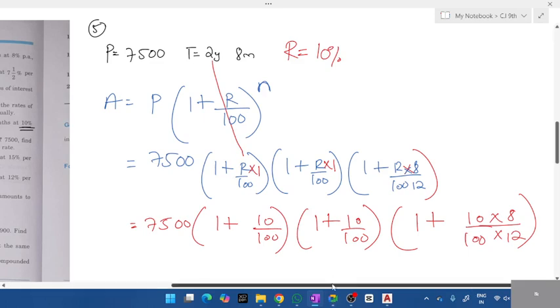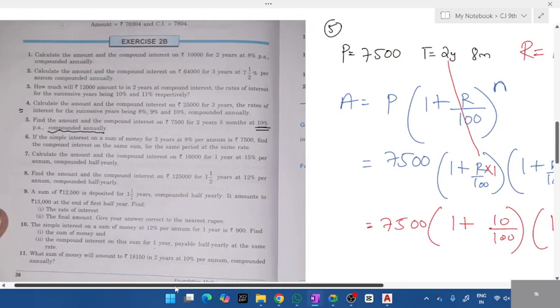Okay, I want you all to try the fifth question. Let us see the sixth one. All of you read the sixth question. Simple interest is given. Okay, that is different. Simple interest is something, and the compound interest. Sixth one I'll teach later. Try the fifth one.